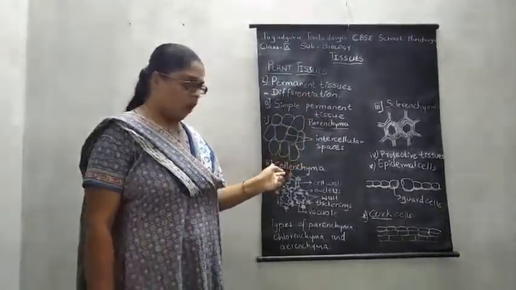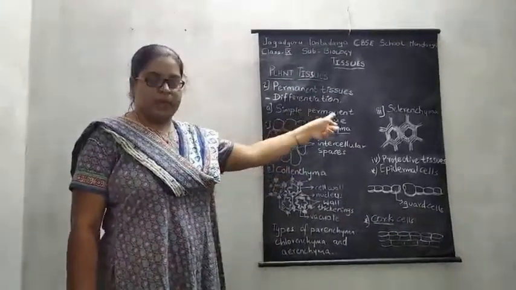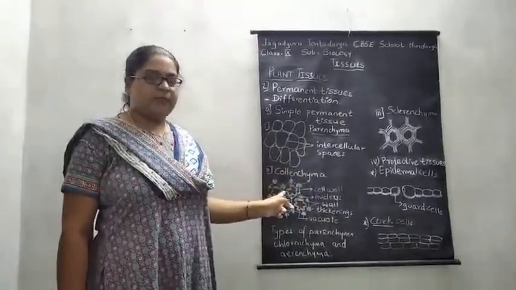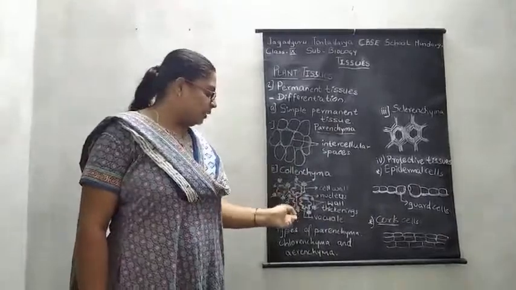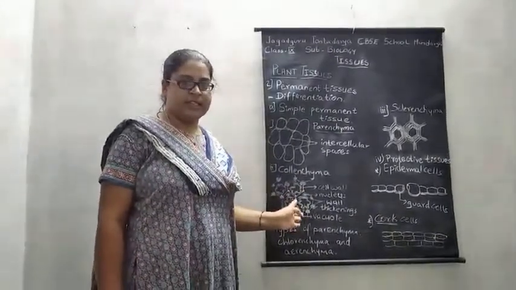Next one is collenchyma. It is the second type of a simple permanent tissue. In that, the cells have an irregular structure, and these are tightly packed, and there is no air space or any free space in between the cells.